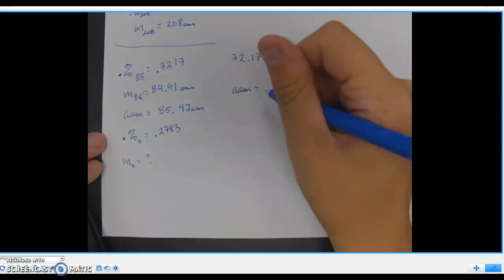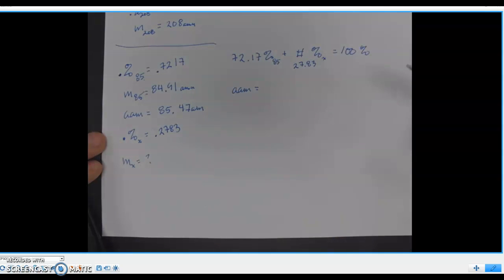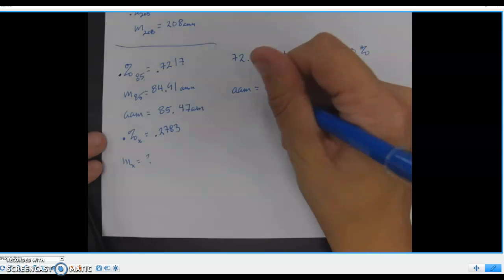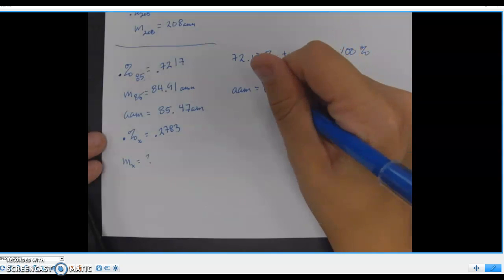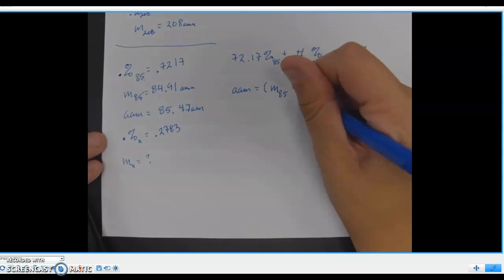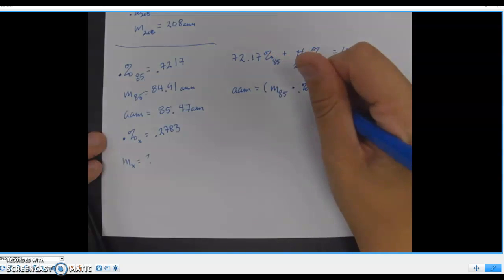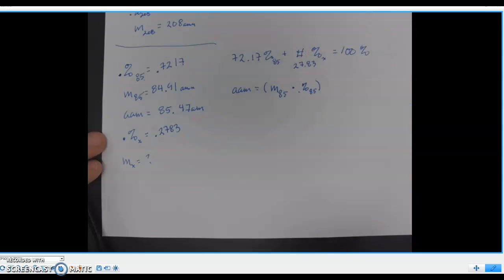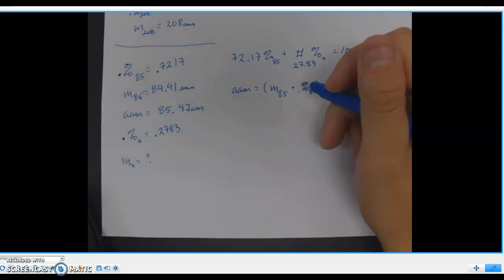Great. Now, the equation for average atomic mass for this particular set of isotopes, I have 2 of them, so I'll have 2 sets of parentheses. So I have my first isotope, the mass of 85. I'll multiply that by the decimal percentage of 85. And again, just a reminder, when it said mass number 84 and 87 in your guided notes, it was mismarked, and it should have said 85.